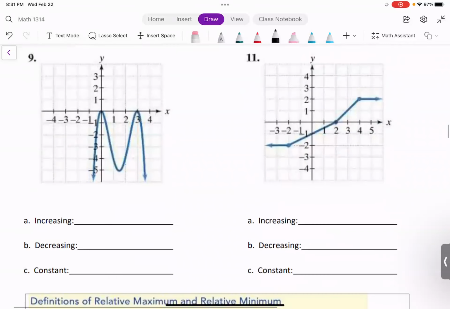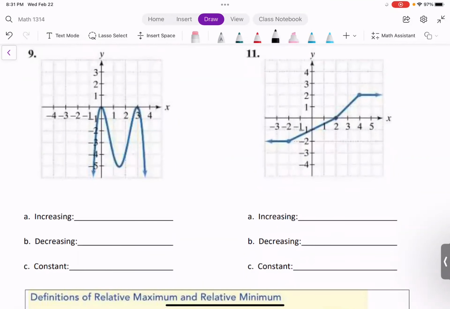Okay, let's see number 9 and number 11. Number 9, we have 4 parts. We can separate it into 4 parts. Let's highlight the increasing interval. So here is increasing, and from this point all the way here is increasing. Decreasing, decreasing.